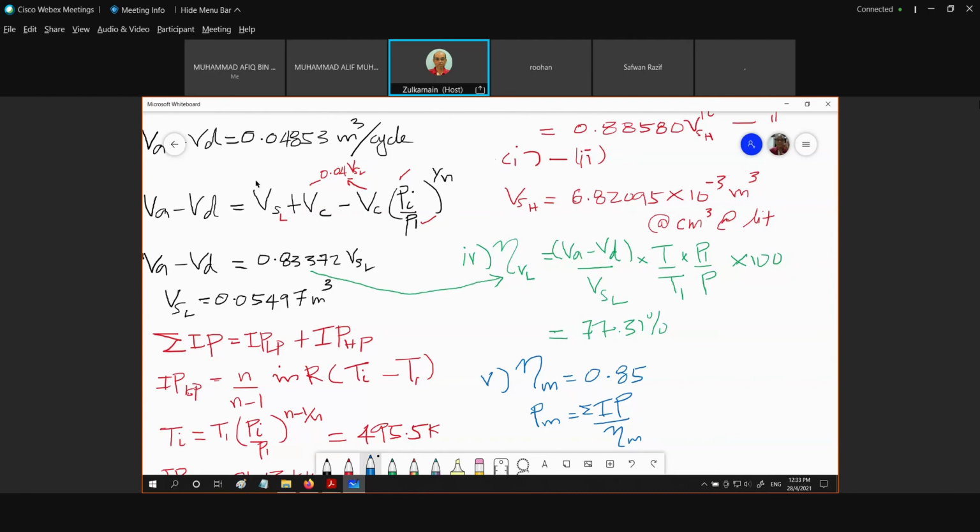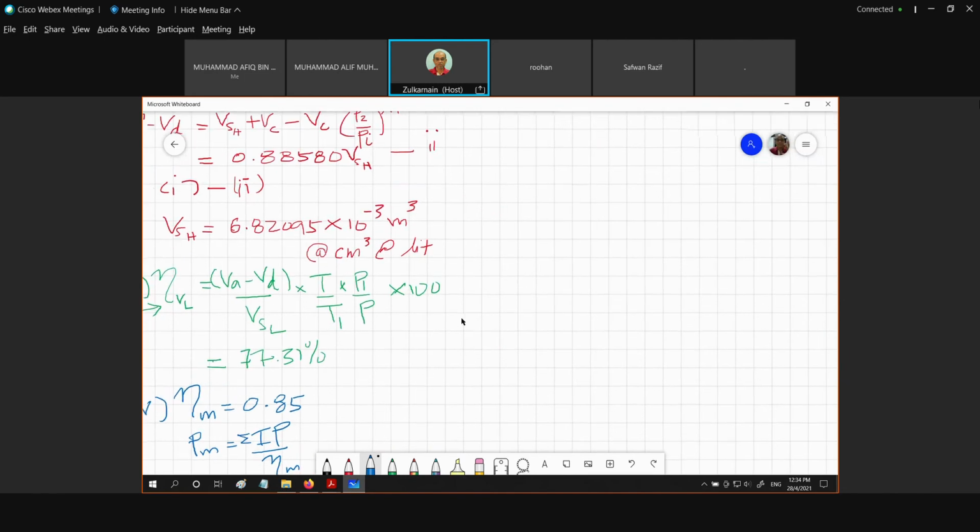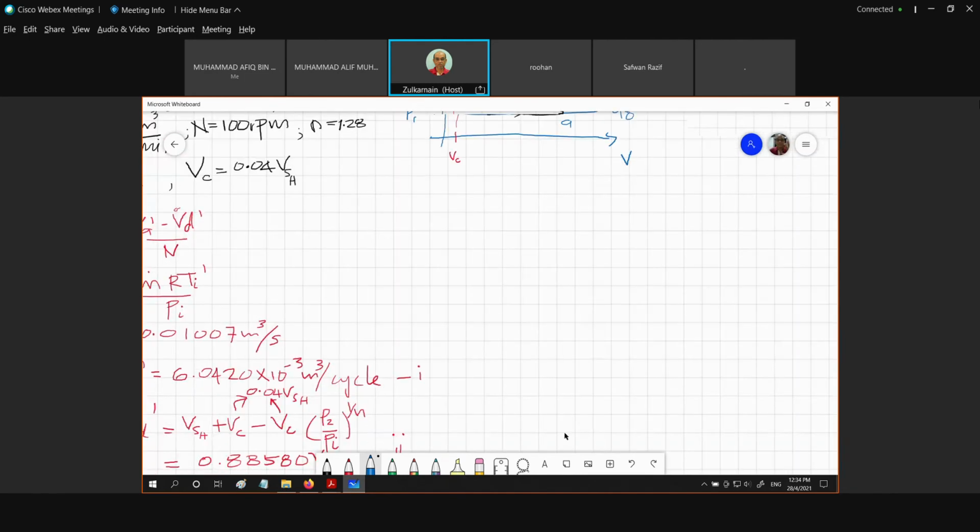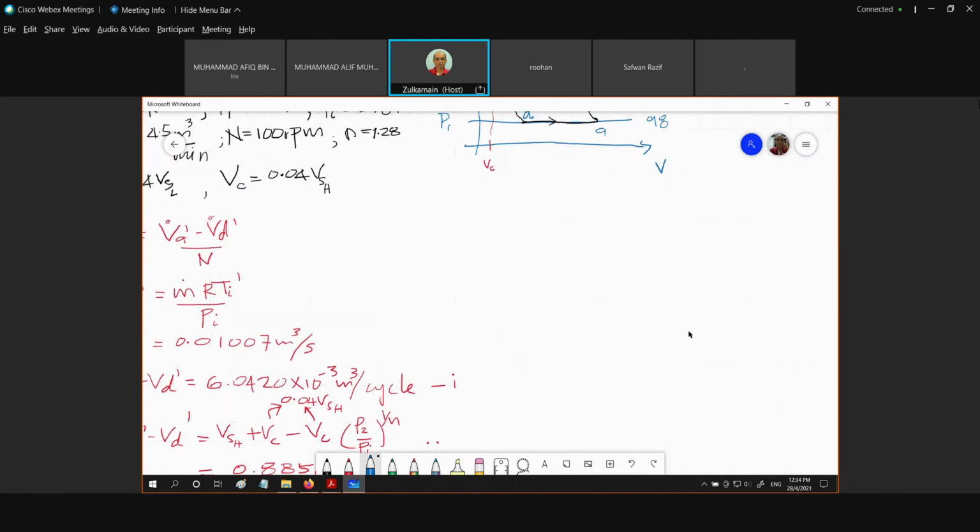If the compressed air is being processed as a single stage, then we need to redraw our compressor. This is number 6.